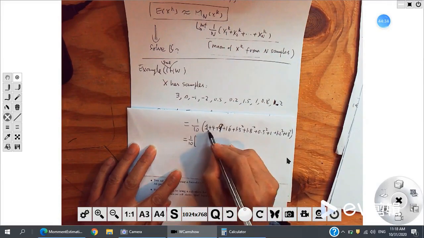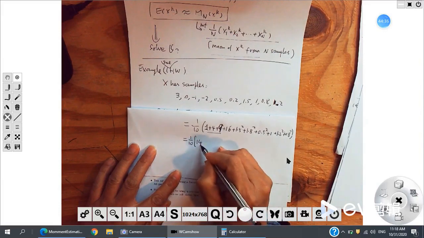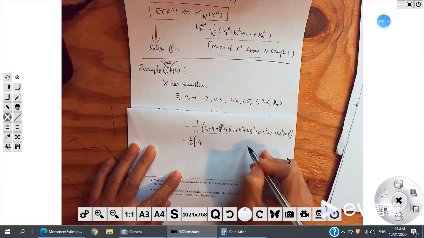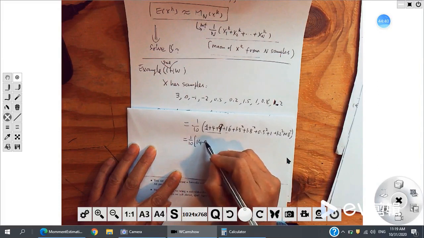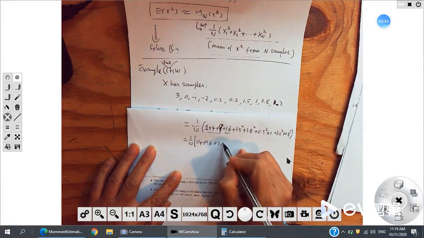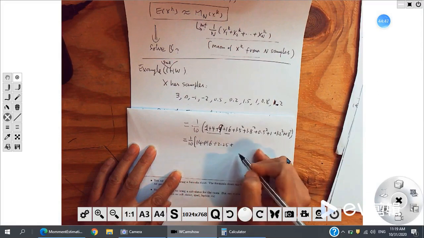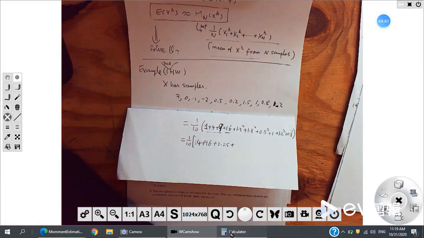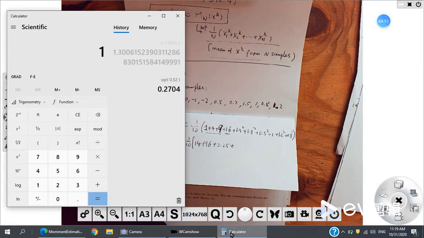This is 14 plus 16, and this is 2.25, and this is 1.8 squared.